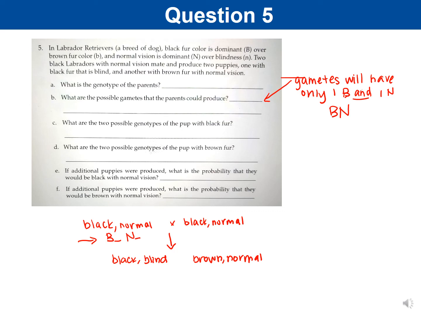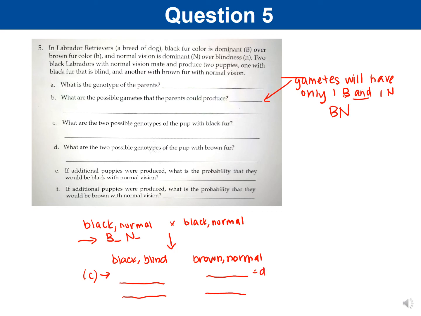If you're talking about the genotypes, what are the two possible genotypes of the pup with black fur? That's this. What are the genotypes for this black pup? What is the genotype for the brown fur?